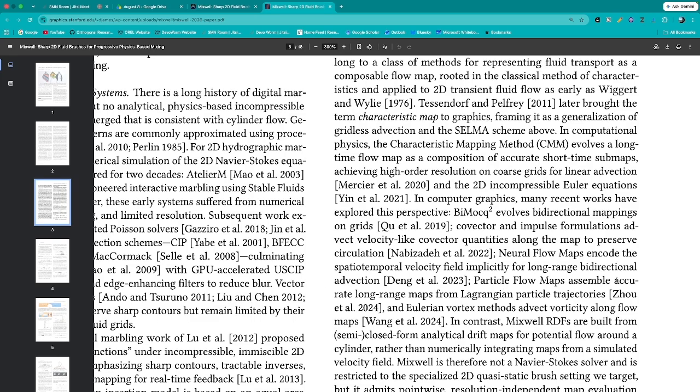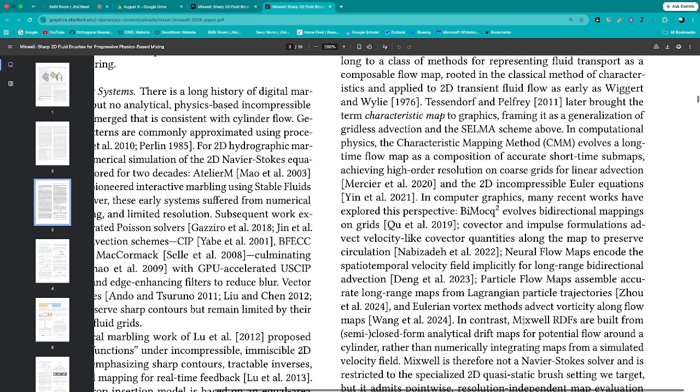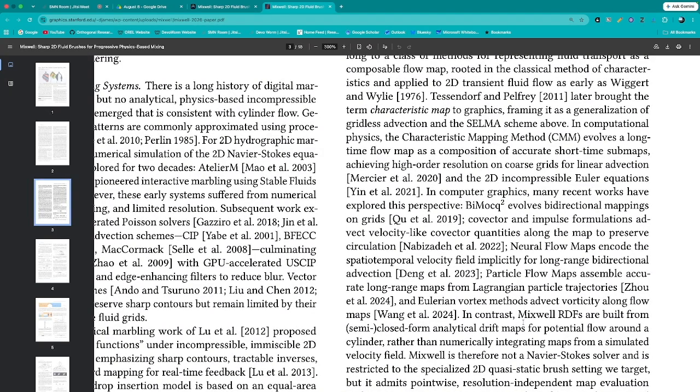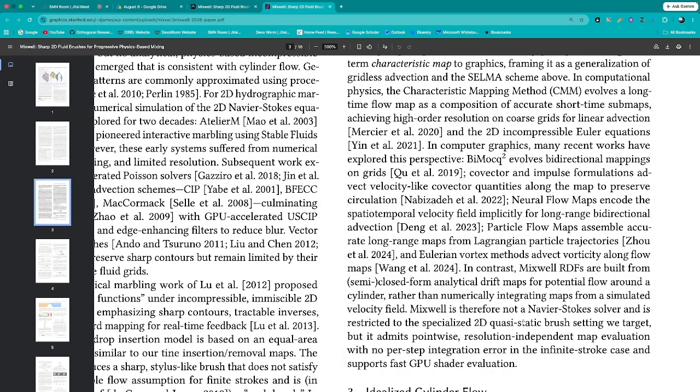Particle flow maps assemble accurate long-range maps for Lagrangian particle trajectories, and Eulerian vortex methods advect vorticity along flow maps. In contrast, Mixwell's RDFs are built from semi-closed form analytical drift maps for potential flow around a cylinder, rather than numerically integrating maps from a simulated velocity field.